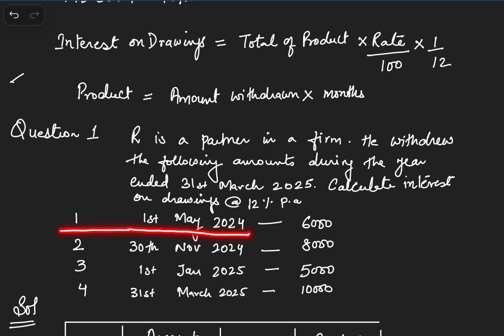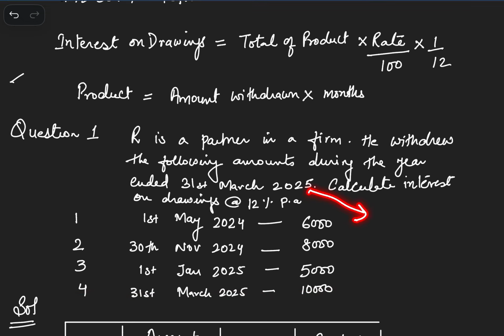On 1st May 2024 the amount withdrawn is rupees 6,000, whereas the second time, 30th November 2024, the amount withdrawn is 8,000. The third time the amount withdrawn was on 1st Jan 2025, rupees 5,000, and the last drawing was made on 31st March 2025, rupees 10,000.